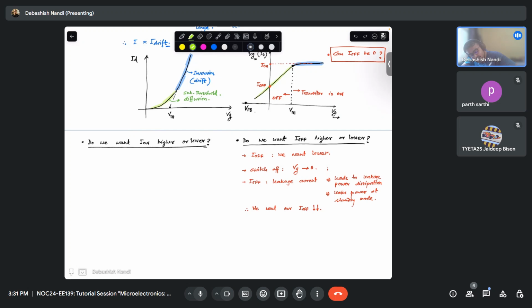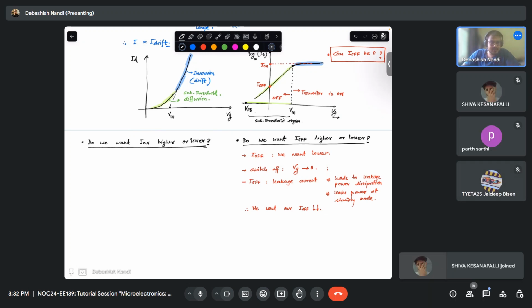So that is leading to this non-zero current in this region. So your subthreshold region is expanding across zero voltage.